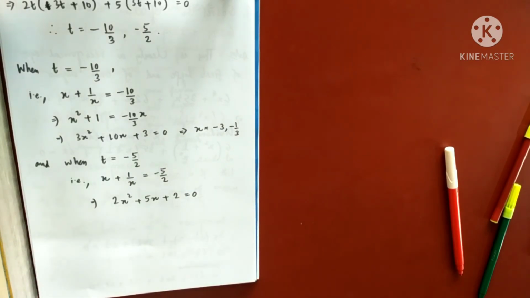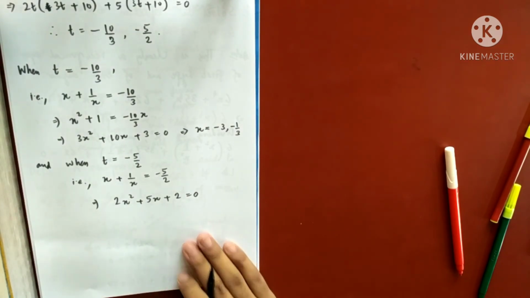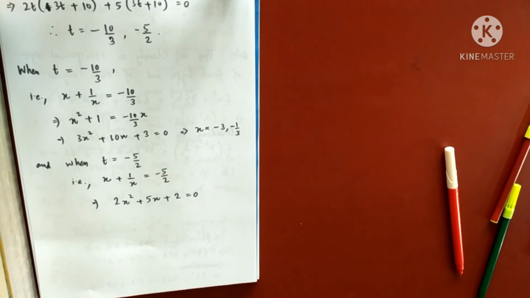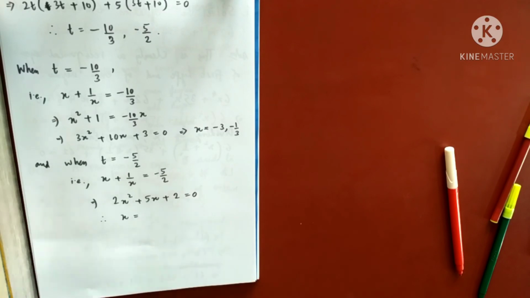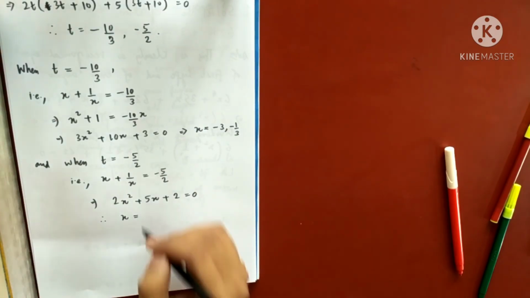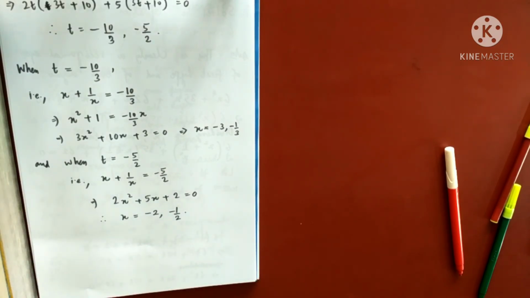Just hold on. So this is clearly 4 plus 1. I hope you should get x equals minus 2, minus 1 by 2, right? You should get like this.